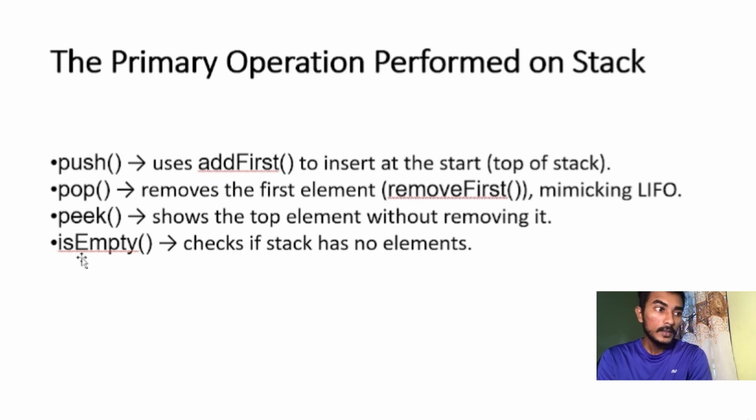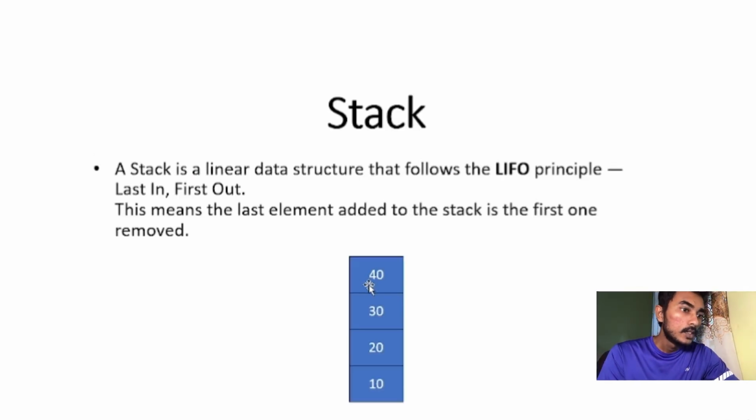So next one is isEmpty. It checks if the stack has no elements. So you can use the stack's isEmpty method. That is false because the stack already has 4 elements in here, 10, 20, 30 and 40.